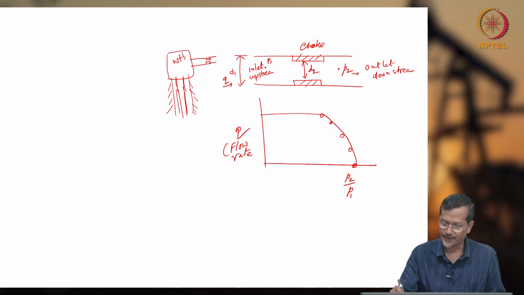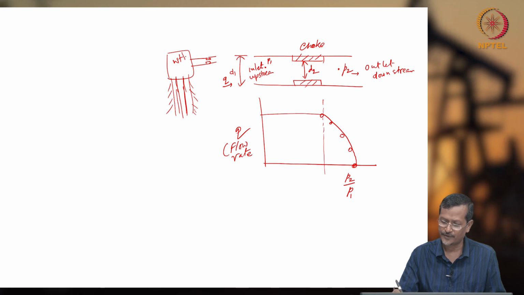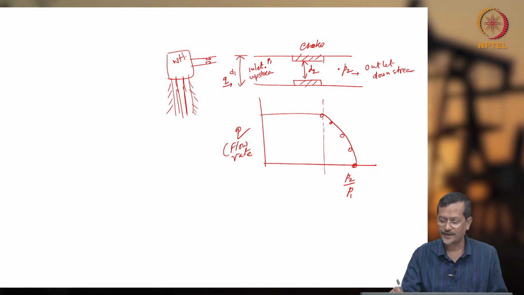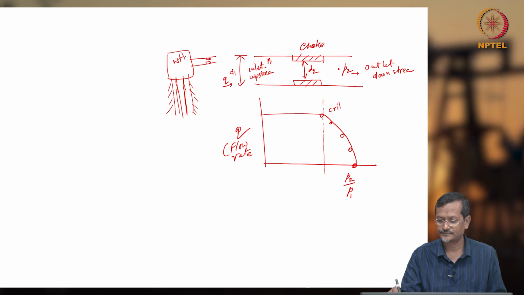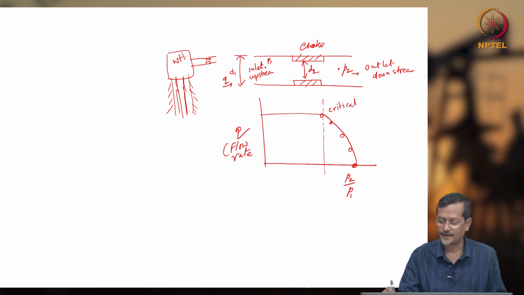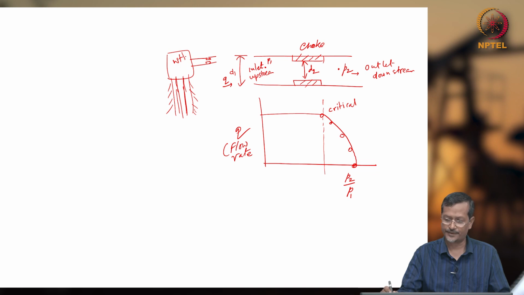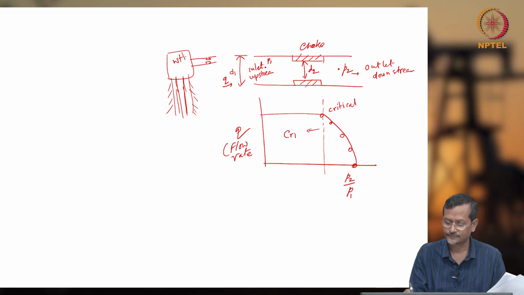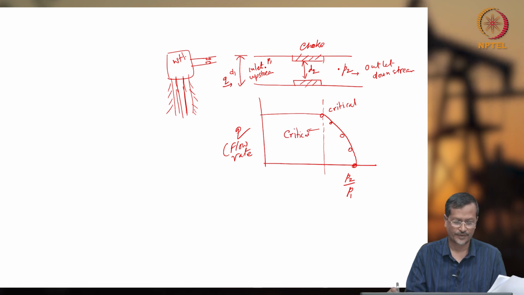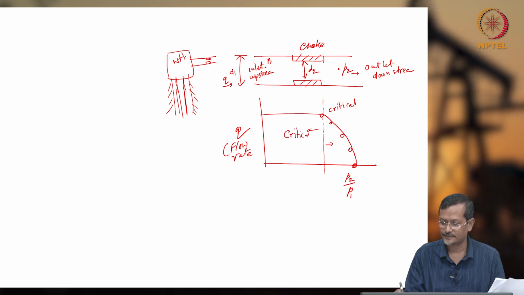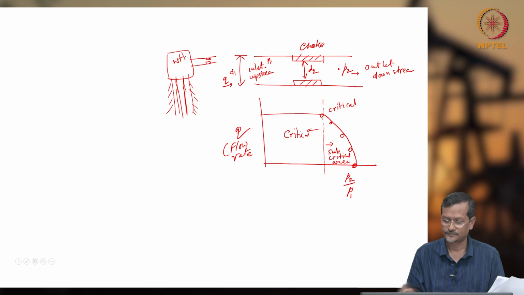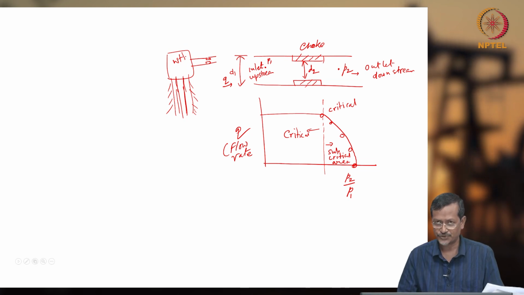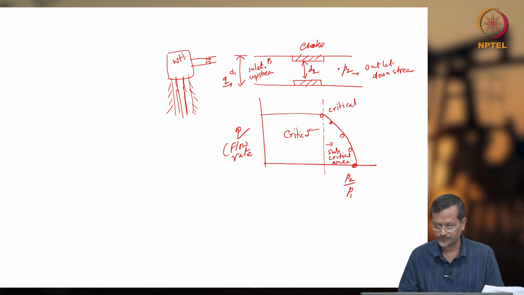So that point where the flow rate becomes almost constant is called the critical flow rate, critical value. Okay, so this area is the critical area, and this is the subcritical area. Okay, so this pressure ratio is called the critical pressure ratio.